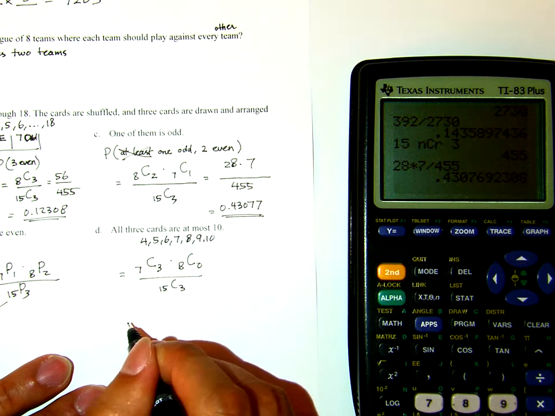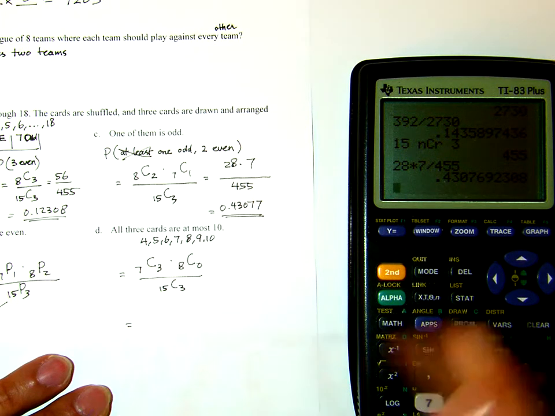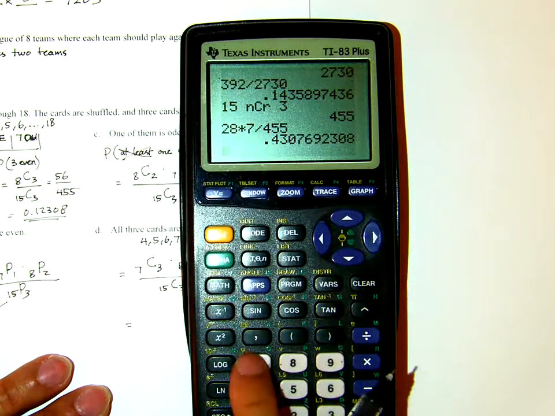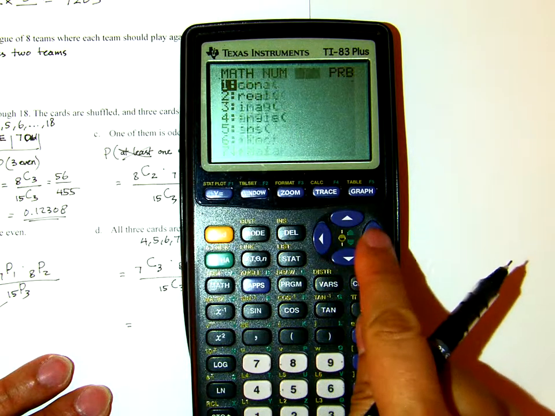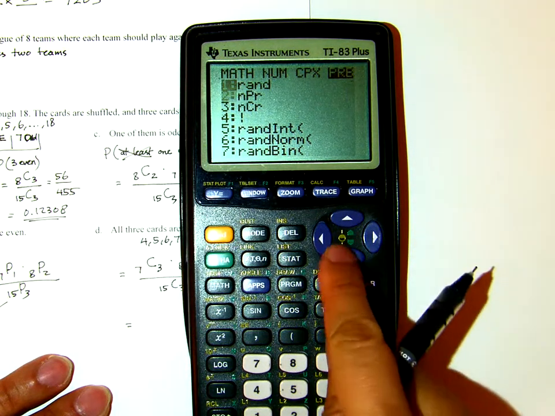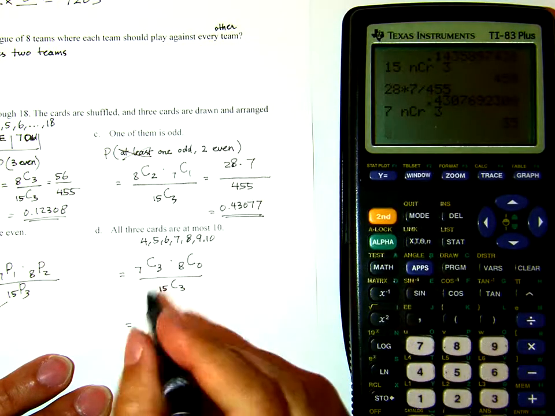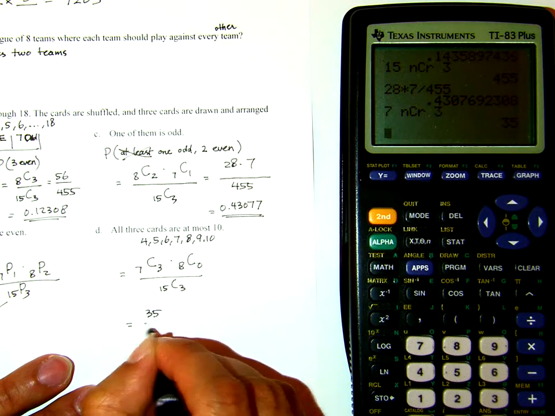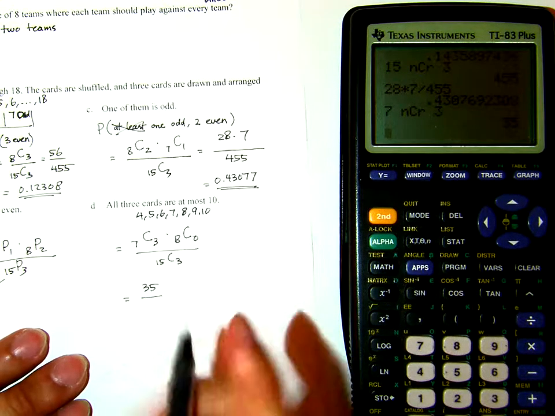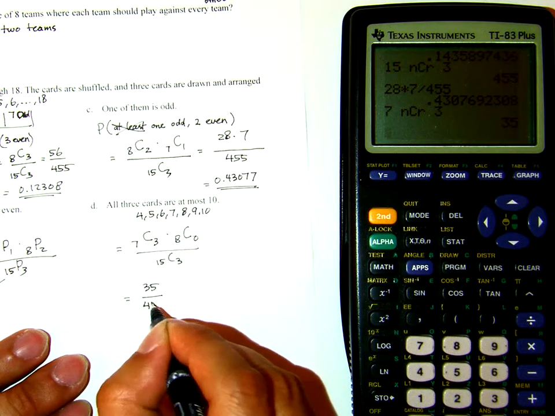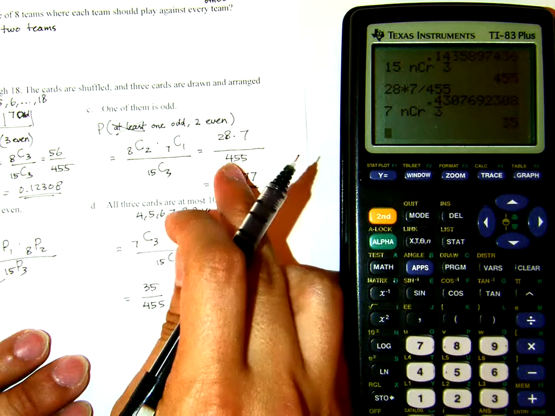Now, 7 choose 3 is 35, over 455. Yeah, I take it again from there.